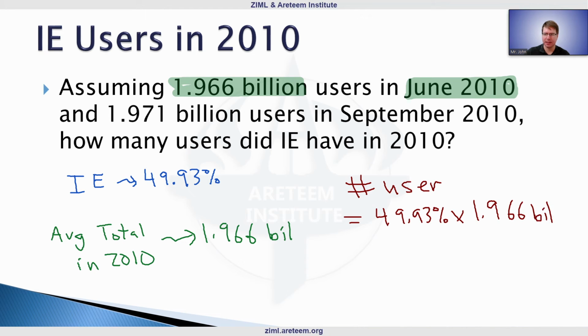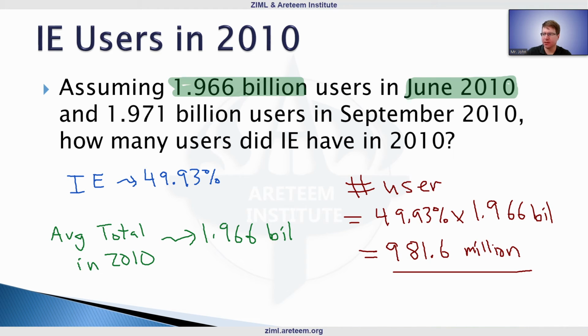I am being careful with my units because if you do this, you will get 0.9816 billion, but let's write this as 981.6 million. So a little bit of unit conversion there, but we know then how many million users were using Internet Explorer as an estimate, at least in 2010.